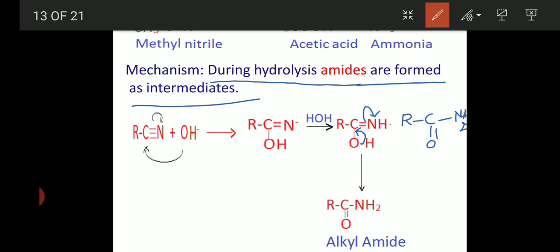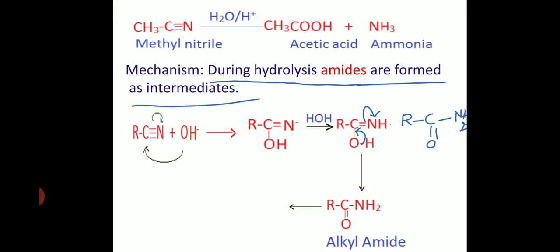Now this, on hydrolysis in the presence of water, H2O with H plus, will give carboxylic acid, RCOOH, and NH3, ammonia, as we have seen here. So from RCONH2, how are we getting RCOOH and NH3?